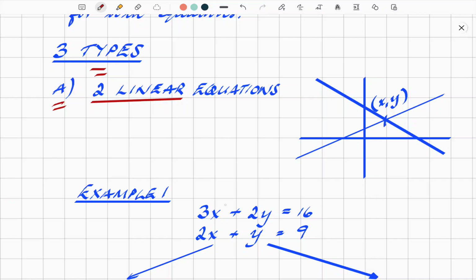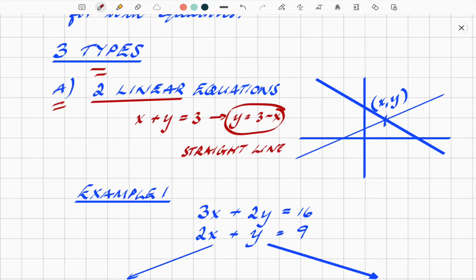Now, if I were to give you an equation like this, we can actually turn that into y equals 3 minus x. So you can see how that is a straight line equation, of the form y equals mx plus c.